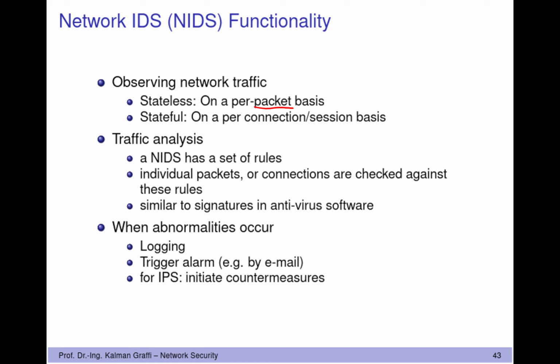So for example, if this is your server and there you have a router and there's some ongoing traffic, and somebody tries to run a distributed denial of service attack. There are many requests coming from all different directions towards your server.